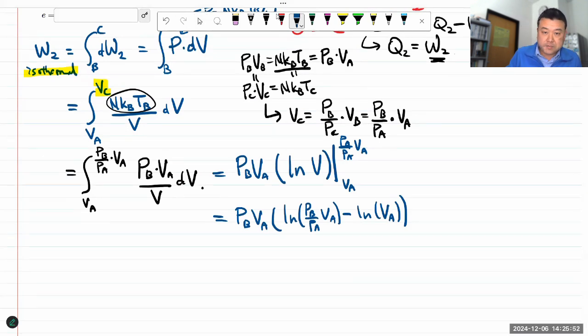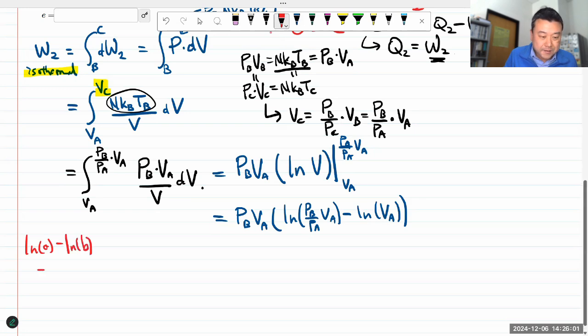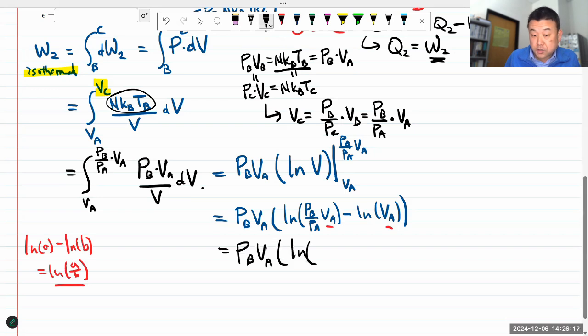Because natural log of A minus natural log of B is equal to natural log of A over B. When you're plugging in numbers, maybe it doesn't help all that much. But with terms like these, if you can put it in that form, then you can see this very convenient cancellation. Natural log of PB over PA times VA divided by VA.